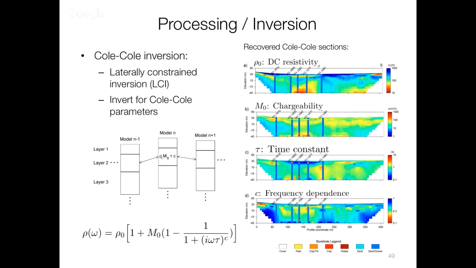Right, yeah. That actually raises an interesting point, because if we're thinking about inverting for 4 parameters in each cell here, the point is, if the chargeability of any of these layers, any cell, went to something really very small, then the tau and C don't matter.